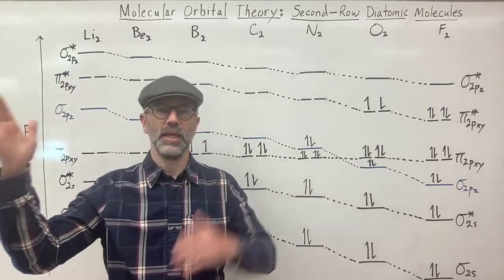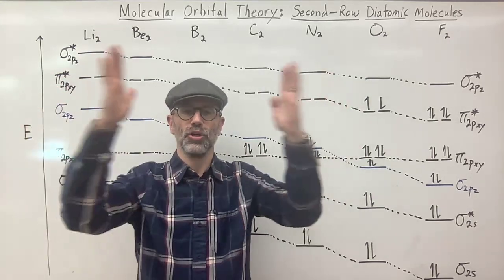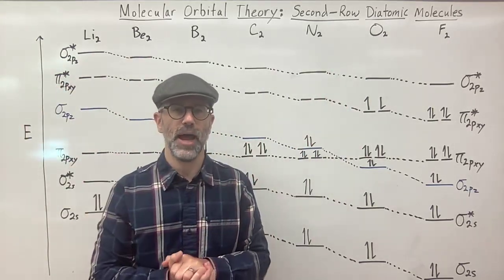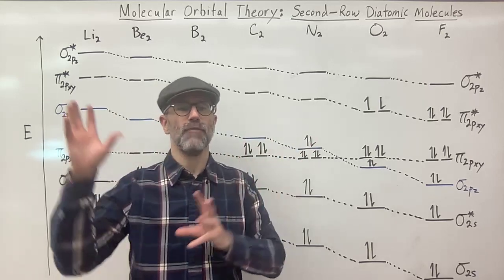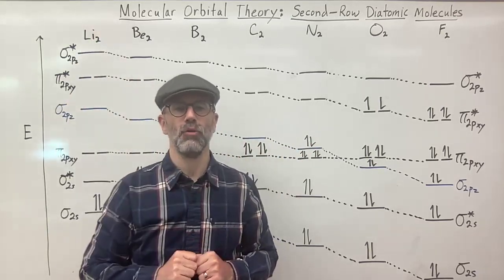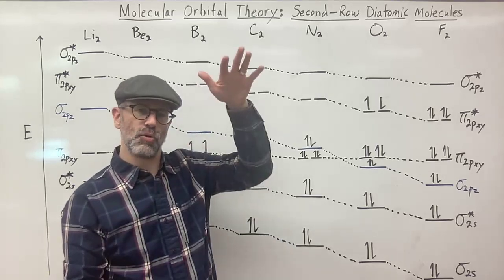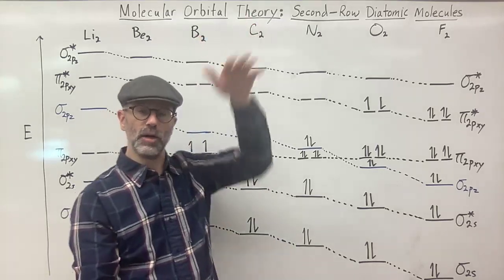If you've got a P and a P, those are the only two that form two molecular orbitals. So the S is not going to be involved with the P. But that's assuming that the energies are relatively far apart.